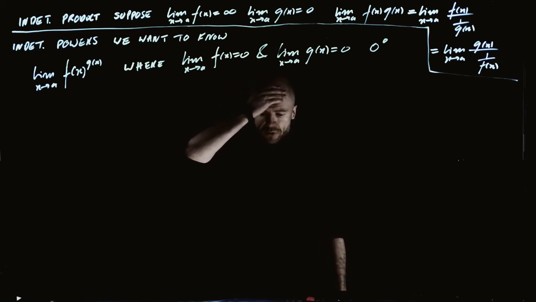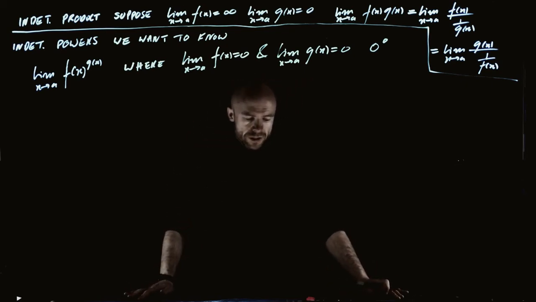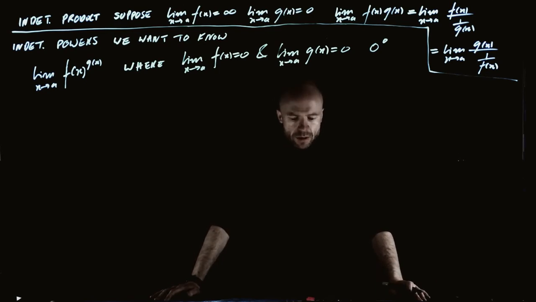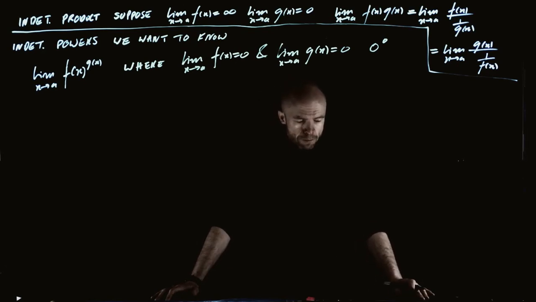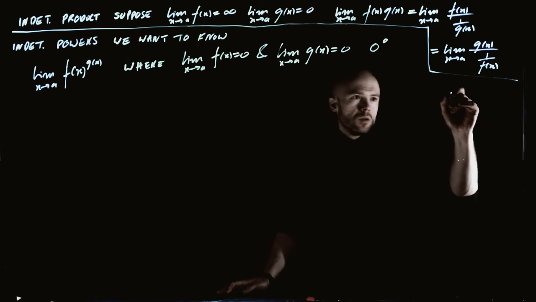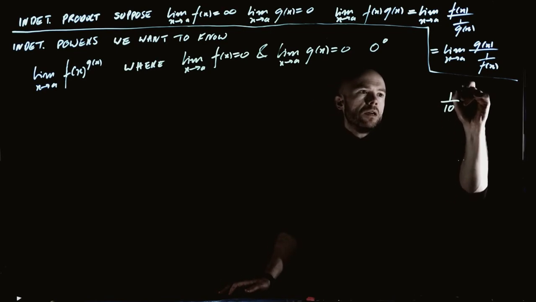So if we have a number which is going very slowly to 0 and we take a very, very tiny root of it. So imagine we have a number which is small, like 1 over 10, and we take the 1,000th root of it, right? So 1 over 10 to the 1 over 1,000, okay?